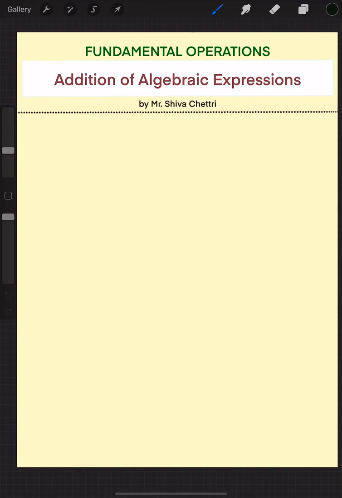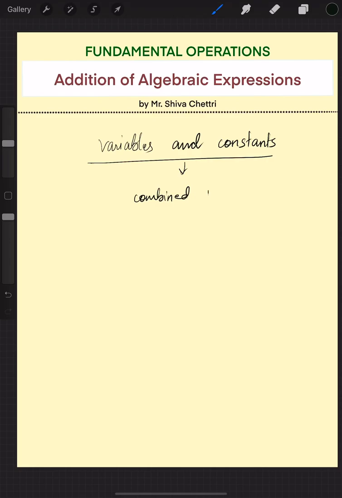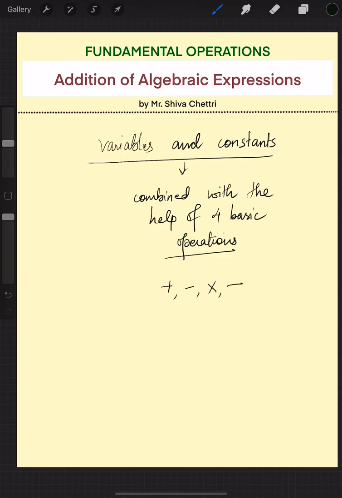In our previous lesson we have already discussed that an algebraic expression basically contains variables and constants, which are combined with the help of four basic operations used in mathematics, that is addition, subtraction, multiplication and division.